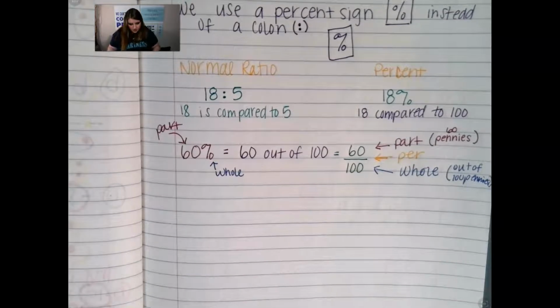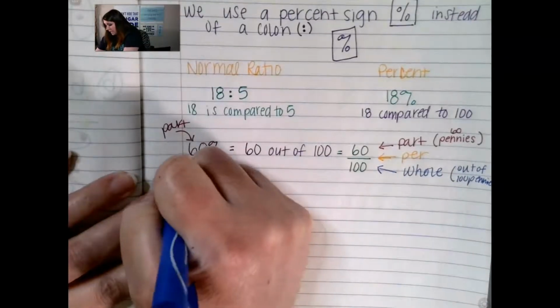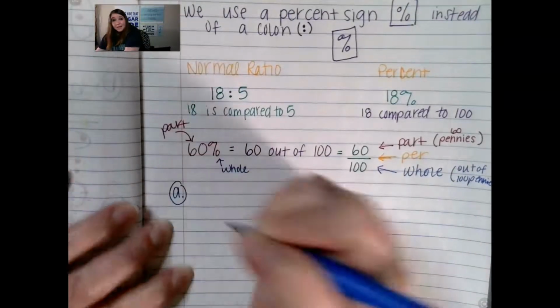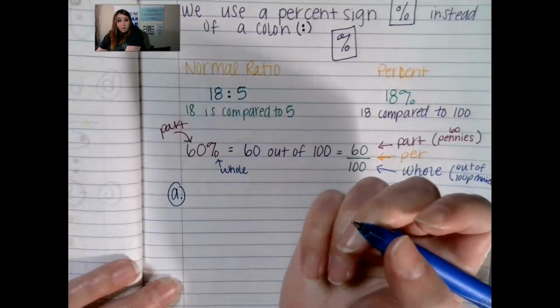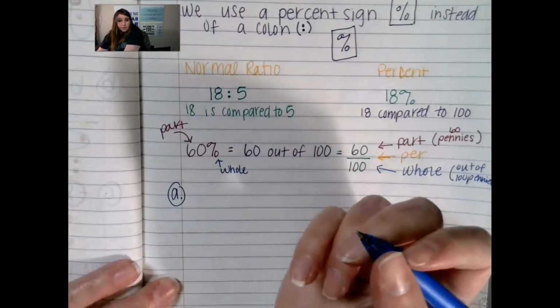Okay, let's try another one. Example A: we can make fractions out of percentages.